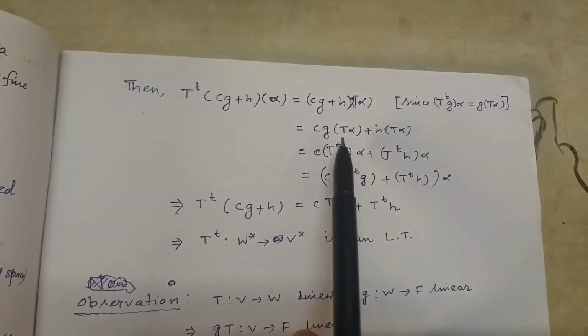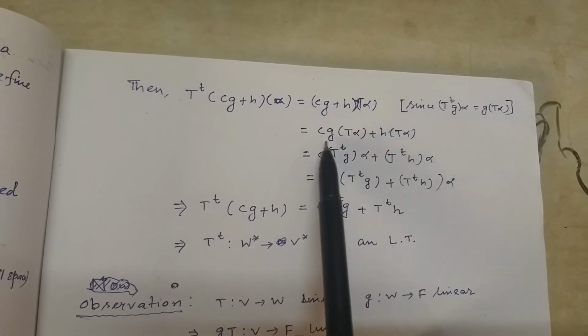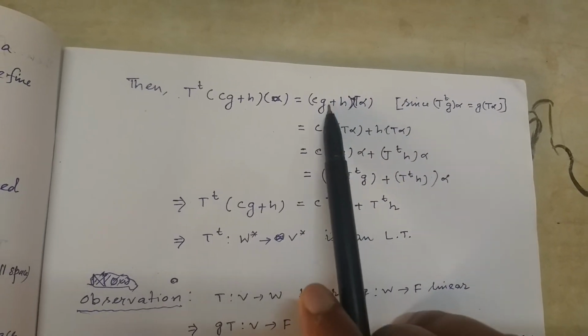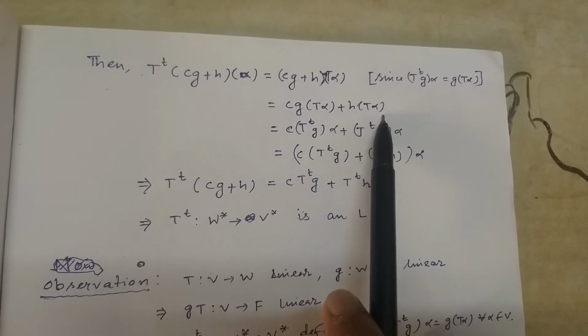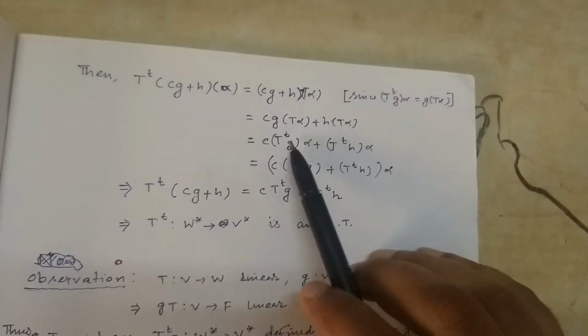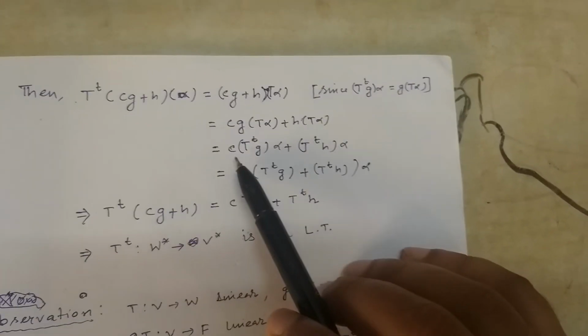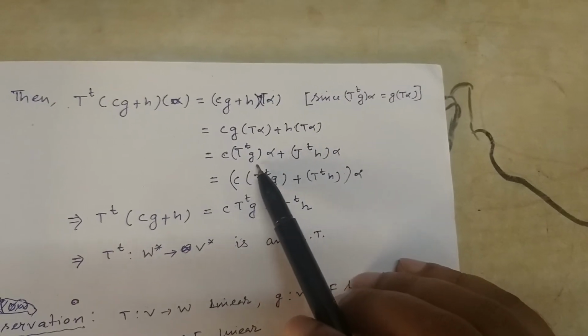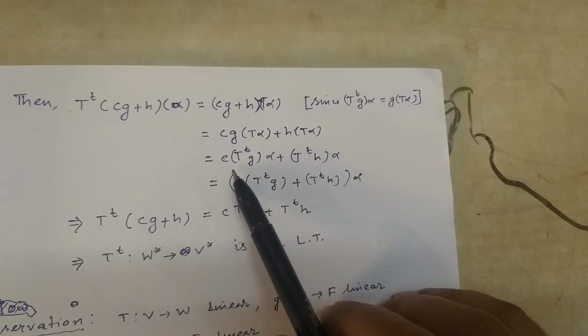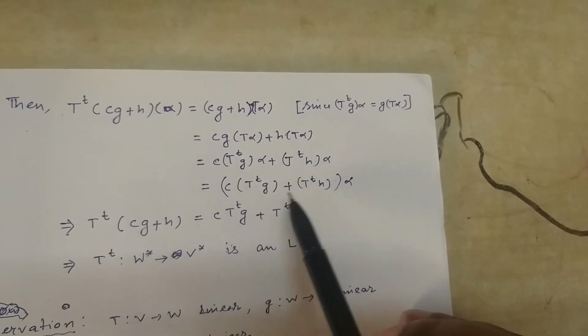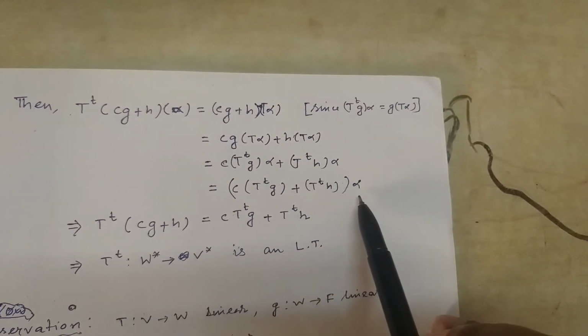Clear? Again, CG plus H of T alpha means these are the functionals in W star. So CG of T alpha plus H of T alpha. Again we are using the definition of T transpose, that is C T^t G of alpha plus T^t H of alpha. So it is represented as C T^t G plus T^t H of alpha.